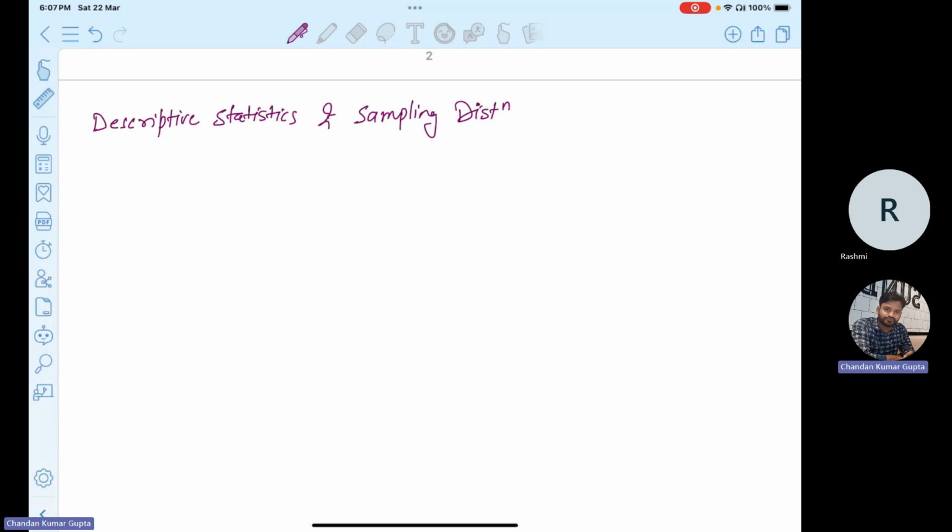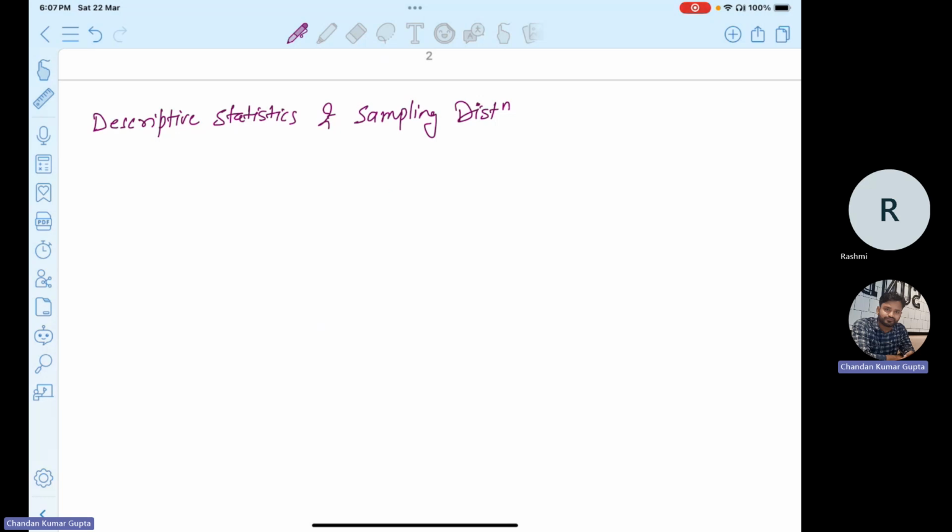In the sampling distribution part, we will discuss mainly three distributions: the chi-square distribution, student's t distribution, and F distribution, and some properties related to these distributions.